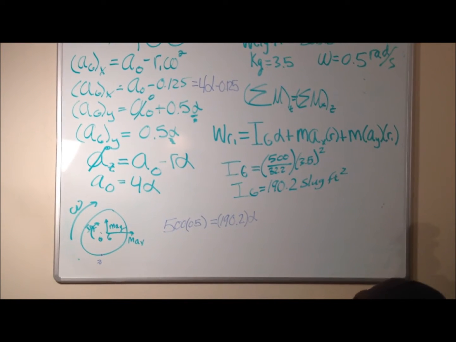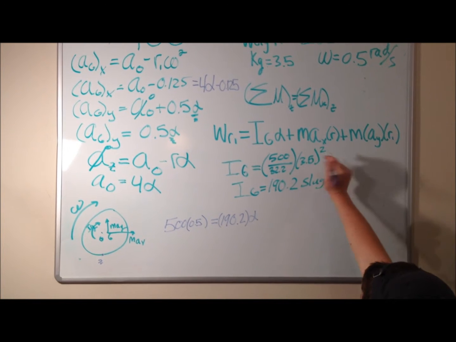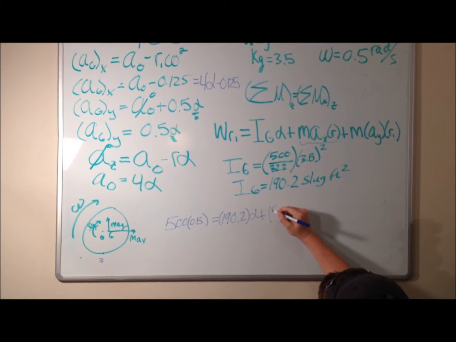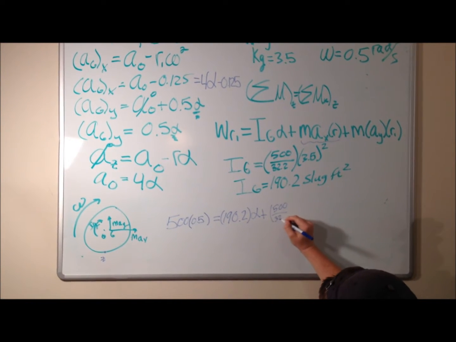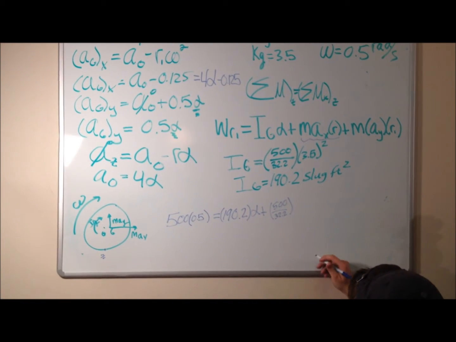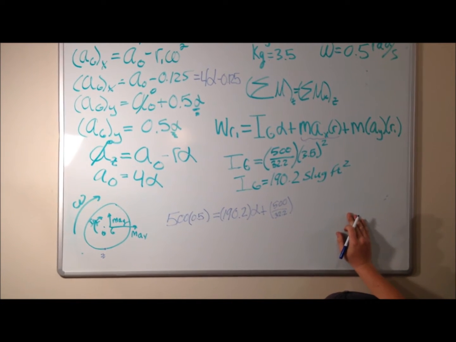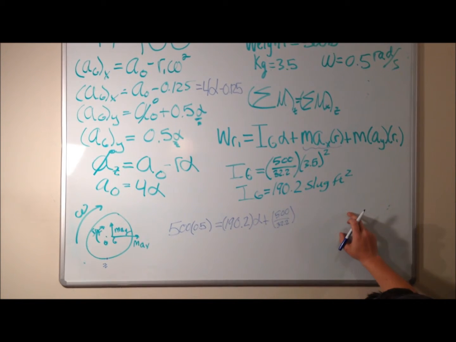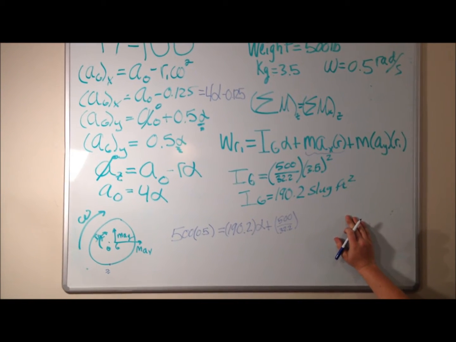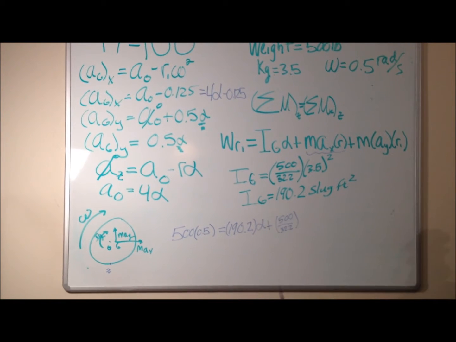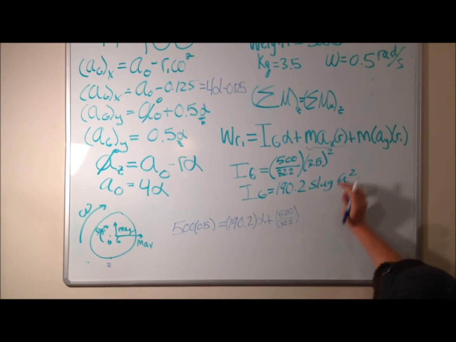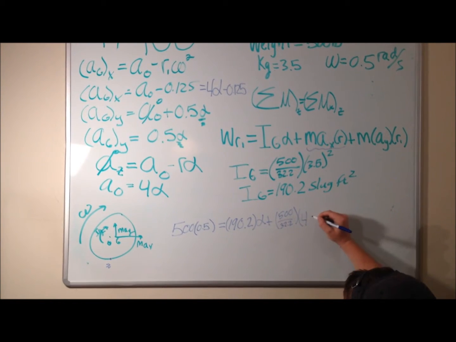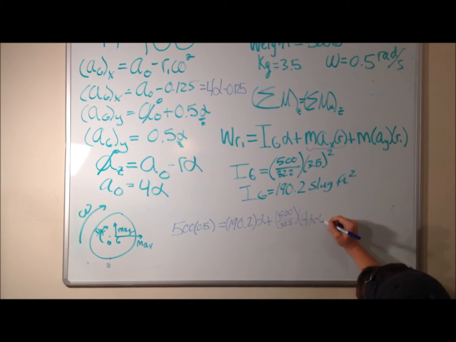And then our next term is the mass, which is 500 over 32.2. And now, because we want to be able to solve, we're going to put our acceleration term in the terms that we solved for before. So for this, which we're doing in the x direction, we're going to have 4 alpha minus 0.125.